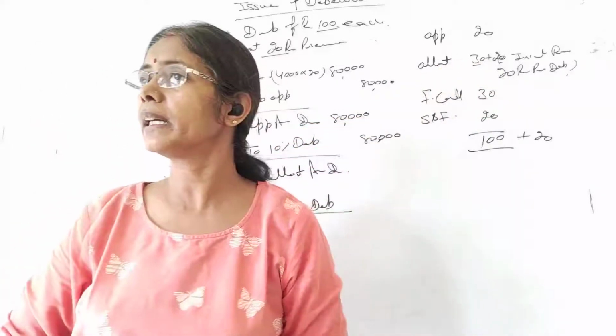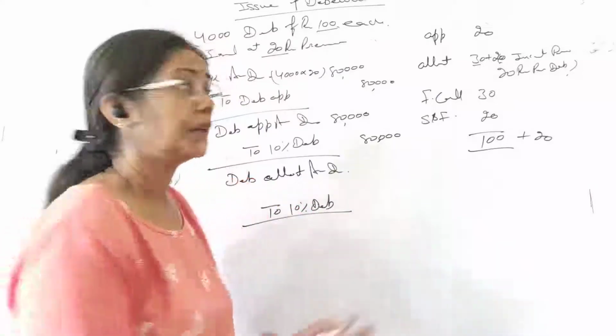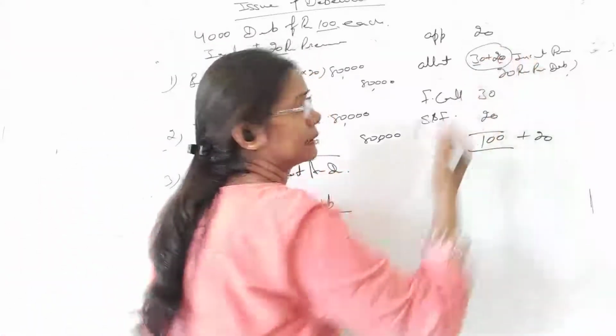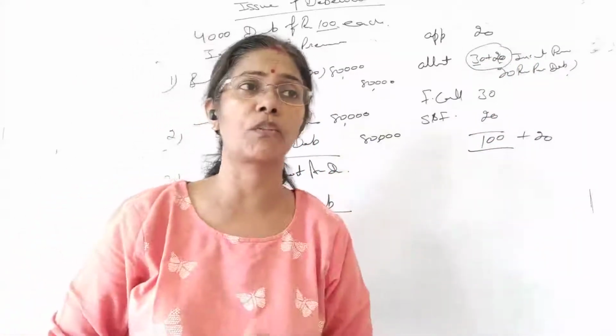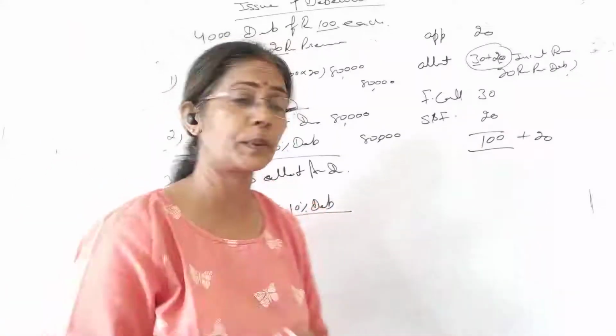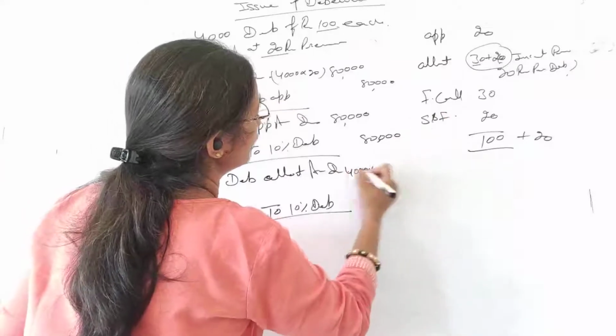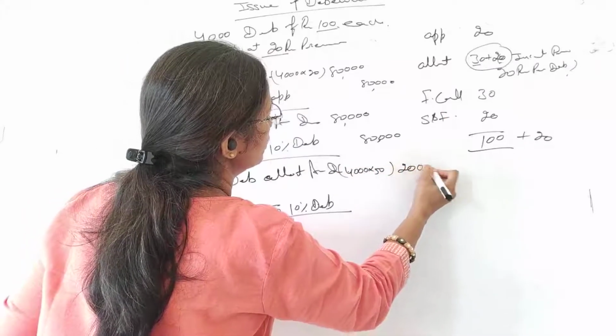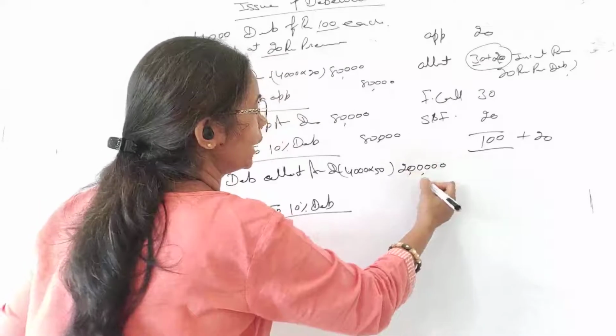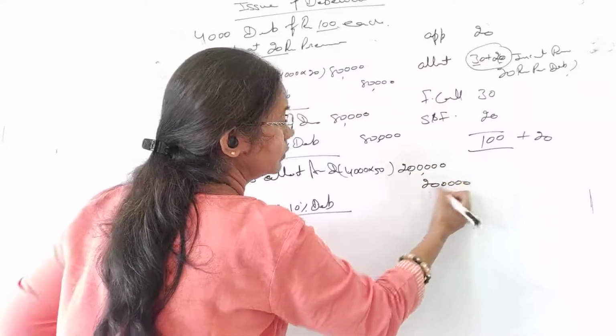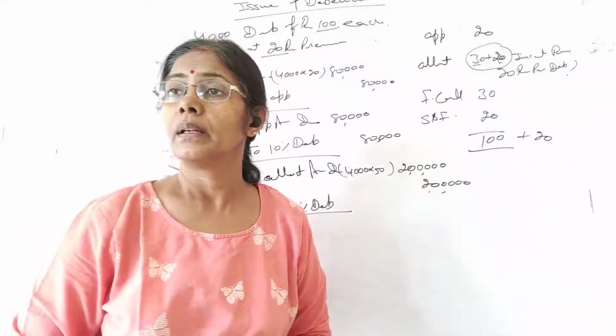You are asking complete 50 rupees, 30 plus 20. You are asking the whole amount, face value plus premium. 50 rupees you are asking. So 4,000 debentures into 50. What comes? It's 2 lakh. Alright students? Okay?